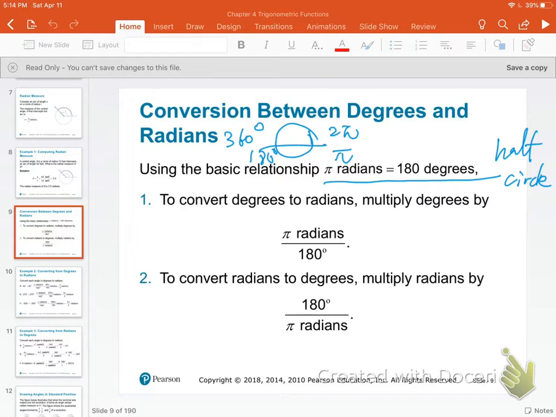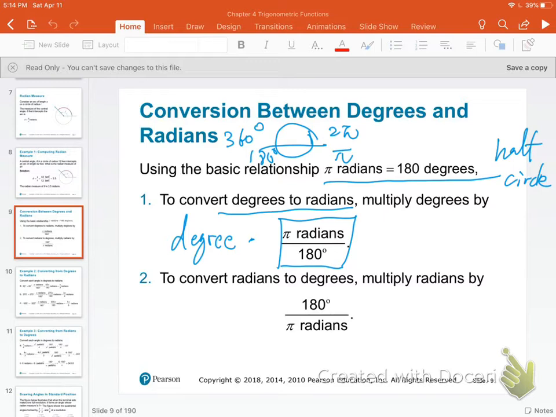Now for any other degrees, how can you change degrees to radians? Degree measure multiplied by pi over 180. This ratio is 1, so it just changes the measurement of the angle from degree measure to radian measure.